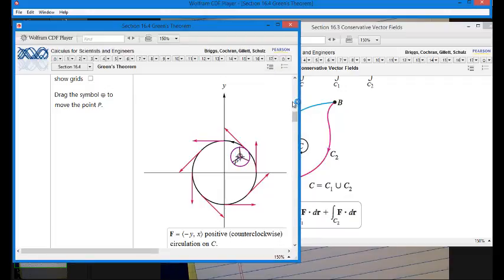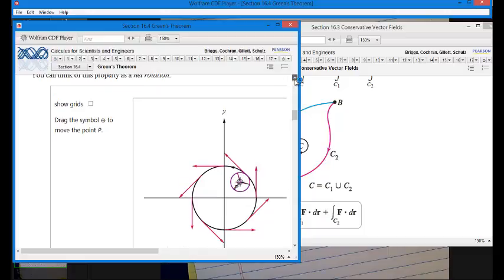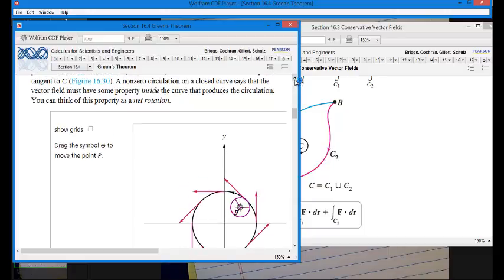To demonstrate what's going on with Green's theorem, they start, drag the symbol to move the point P. Well, I'll try that. Okay, I could put this point anywhere, huh? So I guess the question is, as I move around the curve, how much rotation has happened?